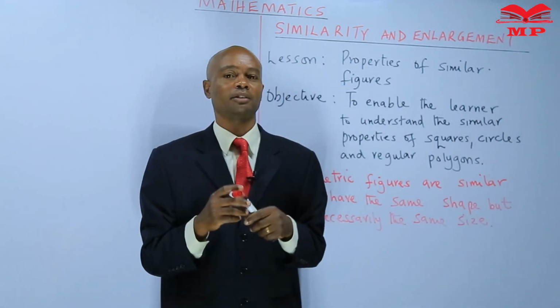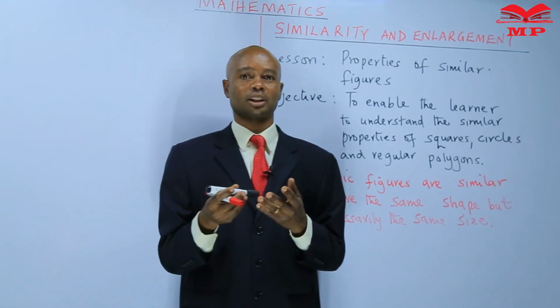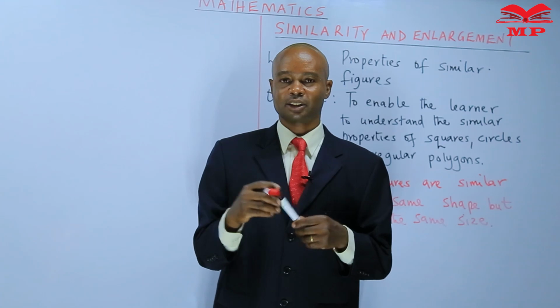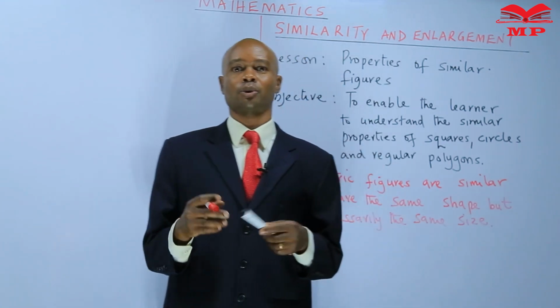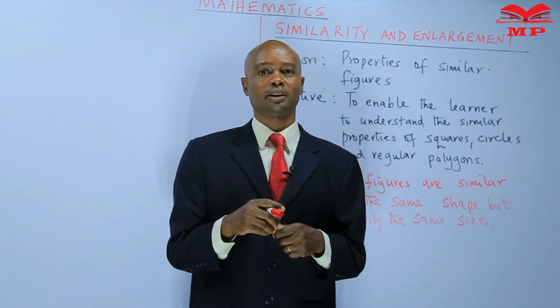You'll find most of the figures we deal with, like triangles. What brings up the shape in such figures? It is their angles. For example, a square would have right angles at all the vertices.